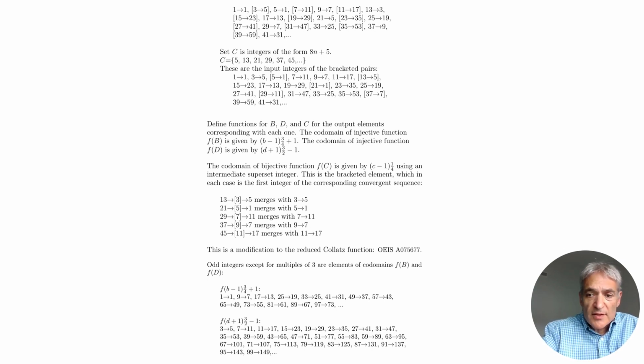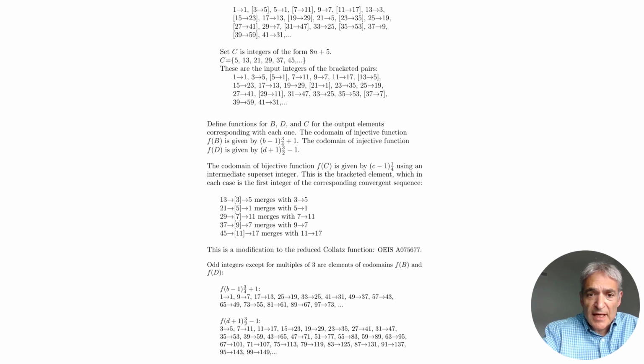So taking 13 as the input and 5 as the output, we can note that there is an intermediate superset integer 3, and we know that this is true because input 3 equals output 5. In the same way, input 21, output 1 has an intermediate superset integer 5, because we know that input 5 equals output 1.